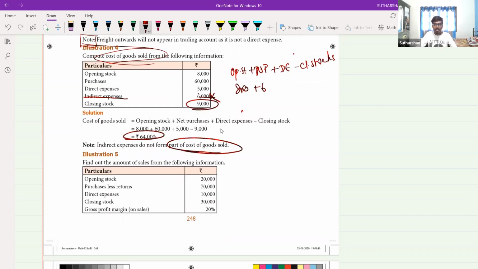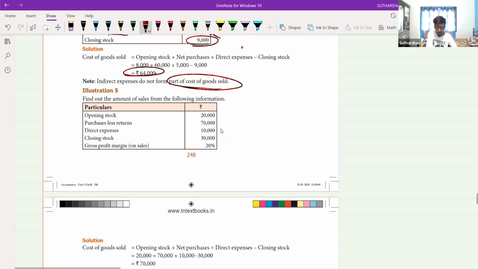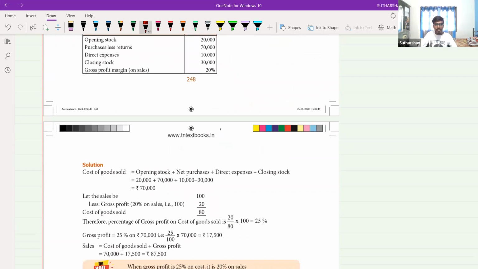Okay, so this question I need to try as your sum. Wait, I will do this sum. Opening stock is given. Purchases less return, they are giving as net purchase. Direct expense is also given, and closing stock is also given.